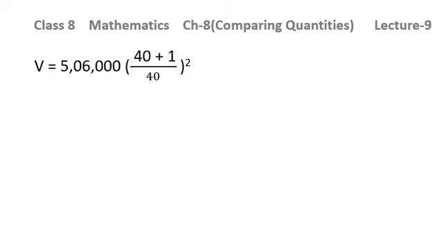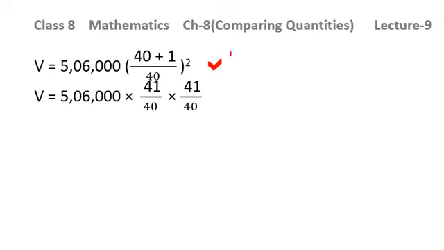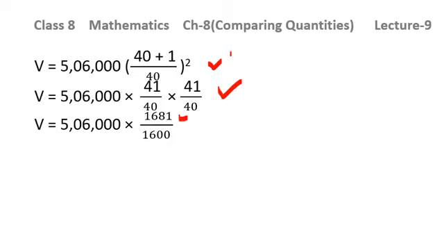After solving the bracket, you will be getting V is equal to 5,06,000 bracket 40 plus 1 over 40 raised to the power 2. And then V is equal to 5,06,000 into 41 over 40 into 41 over 40. Then the square of 41 is 1,681, and the square of 40 is 1,600.